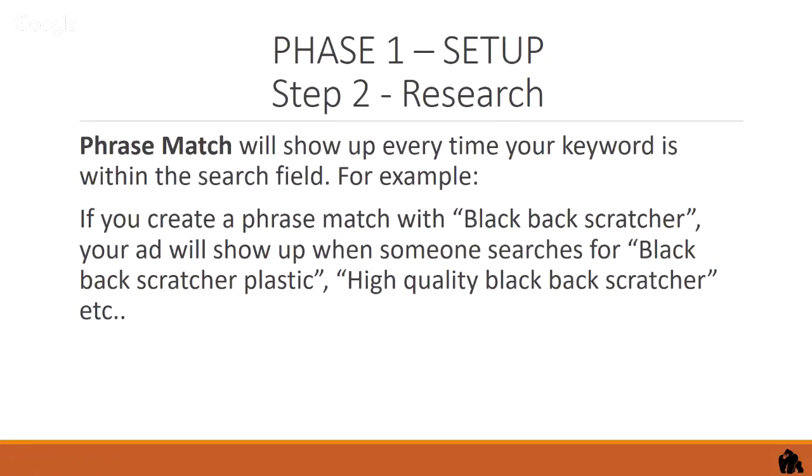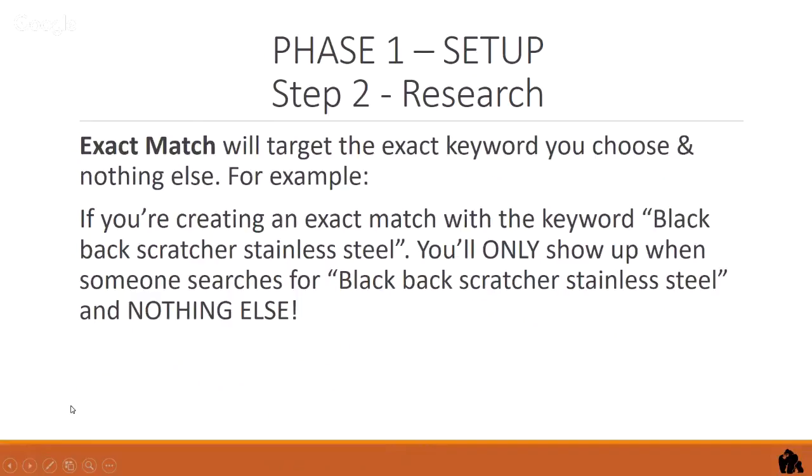So let's have a look at the exact match. The exact match will target the exact keyword you choose and nothing else. Let's have a look at the example. Black back scratcher stainless steel. That's my keyword, that's what I'm trying to rank for, that's what I'm paying for. That's what I've set my paid ad for.